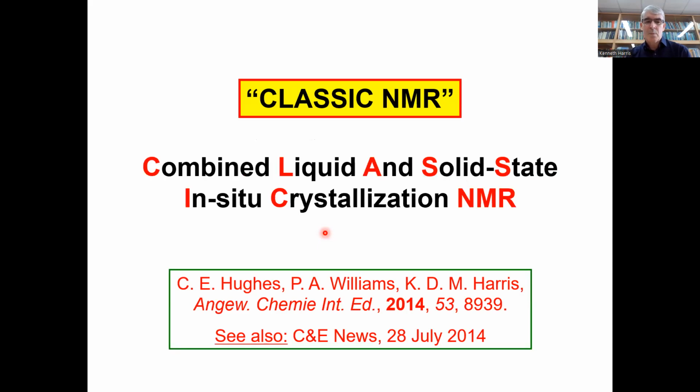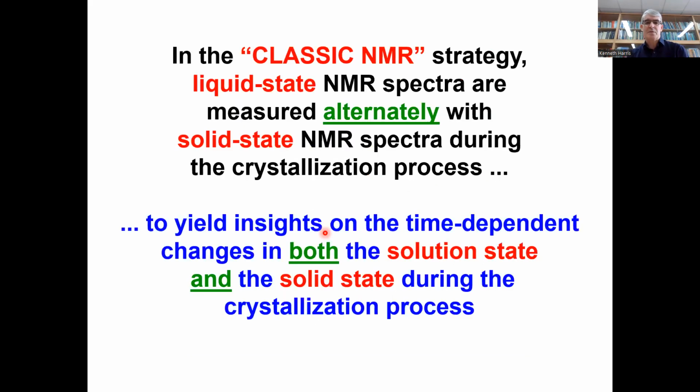Classic means combined liquid and solid state in situ crystallization NMR. Because what we recognize is that during the crystallization process, as the solid phase is produced, there's actually lots and lots of changes occurring in the liquid phase. And what we really want to be able to do is to monitor both the evolution of the solid phase and the evolution of the liquid phase at the same time. And this is what classic NMR allows us to do.